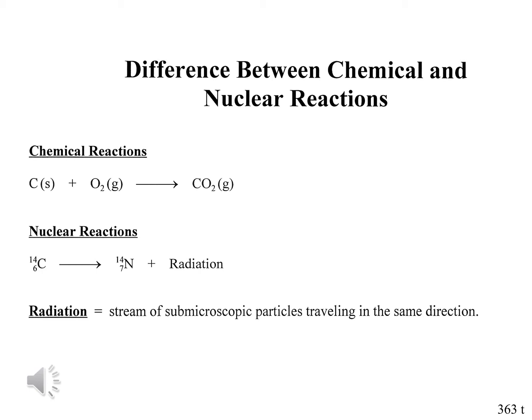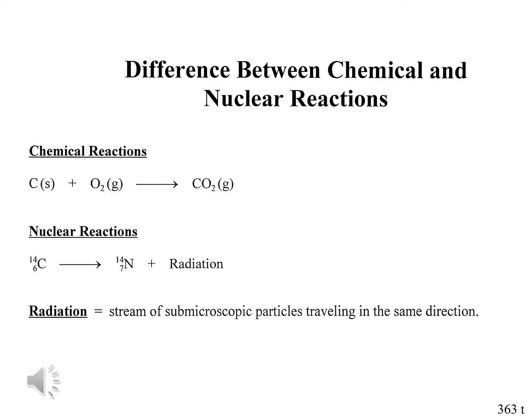The carbon atom on the left has 6 protons. In the periodic table, the number of the element refers to how many protons it has, and any atom that has 6 protons in it is carbon.